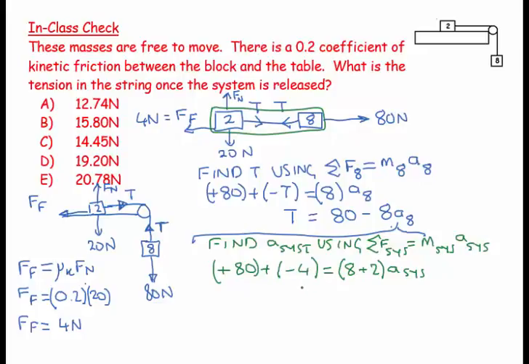So a system is equal to 80 minus 4, which is 76, over 8 plus 2, which is 10, which equals 7.6 meters per second squared. And let's remind ourselves that that equals A8, and it also equals A2. They are all the same acceleration.